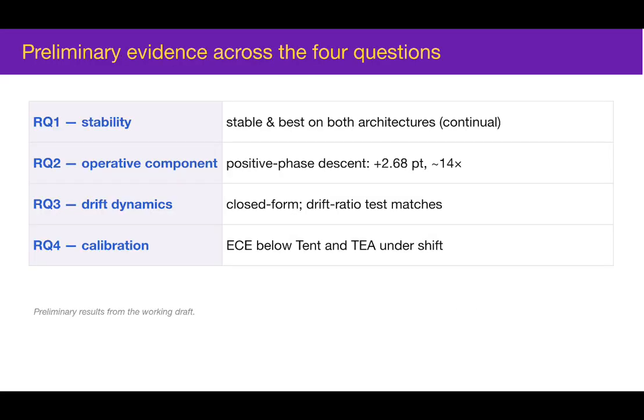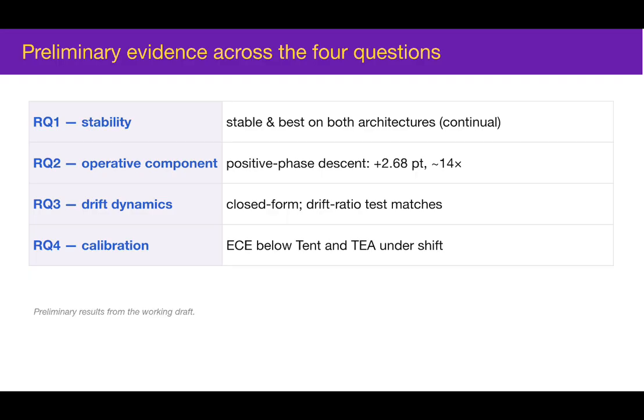So to summarize the early evidence, all four research questions already have some support. Stability: yes, stable on both architectures. For research question two, we know that the operative component is the positive phase.